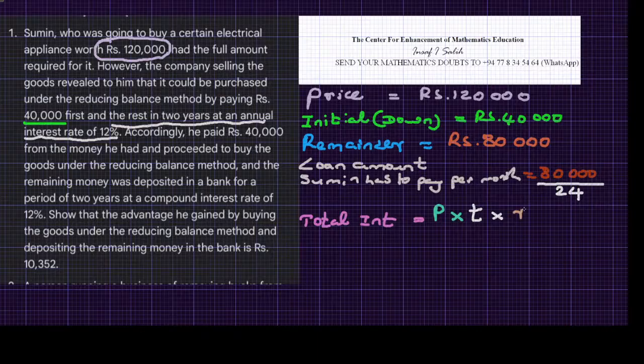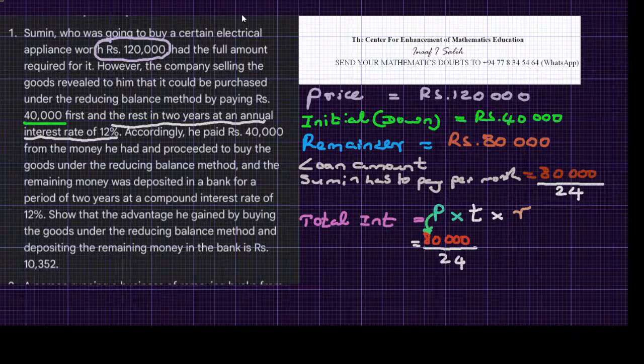But unlike in simple interest questions, for P you don't put the total loan. What do you put for P here? The loan amount he's supposed to pay for a month. That is 80,000 divided by 24. That's the P, the principal.